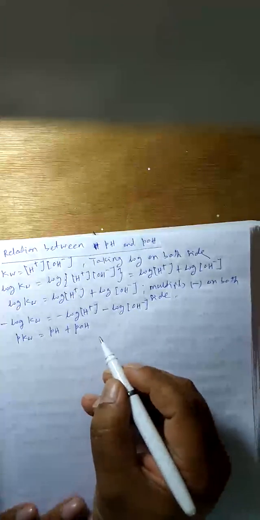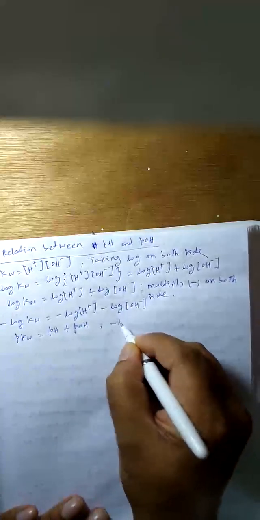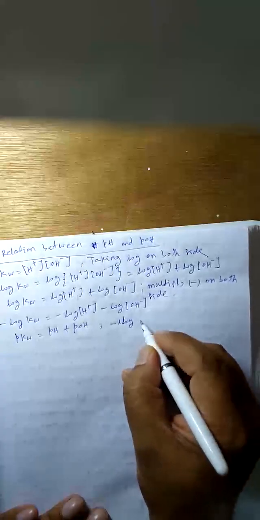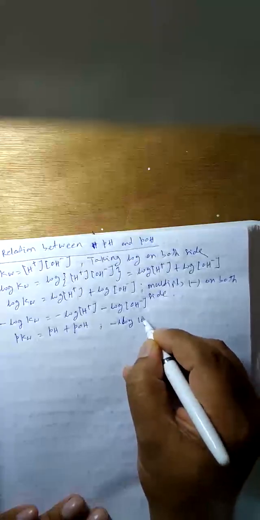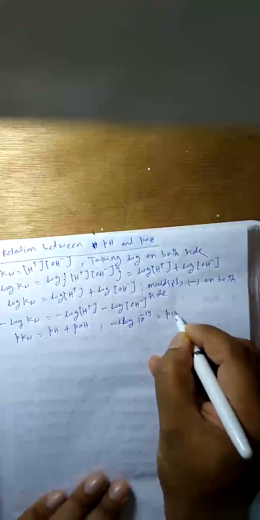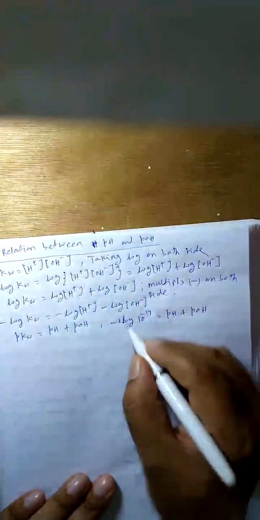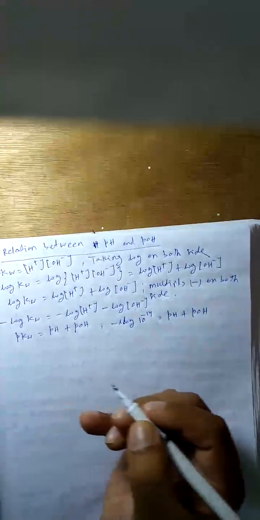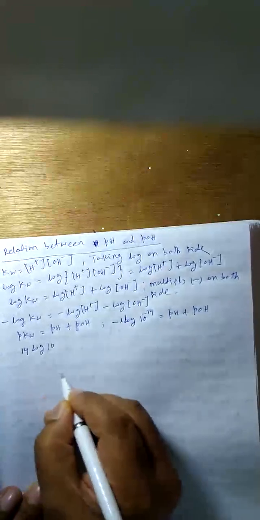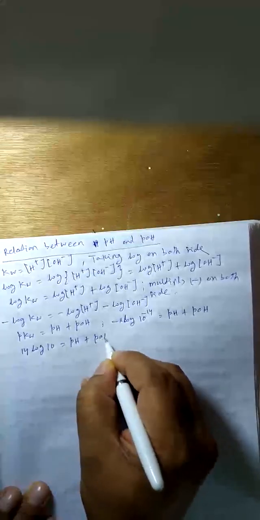I can also know, because suppose I write minus log Kw, and the value of Kw is 10 to the power minus 14, is equal to pH plus pOH. So 14 log 10 is equal to pH plus pOH.